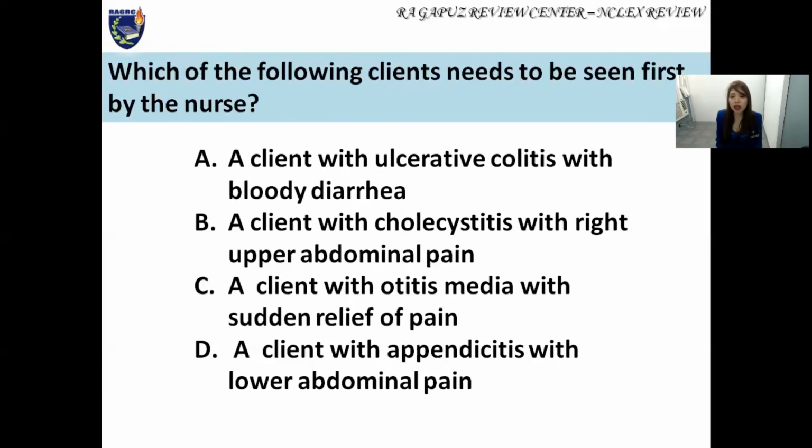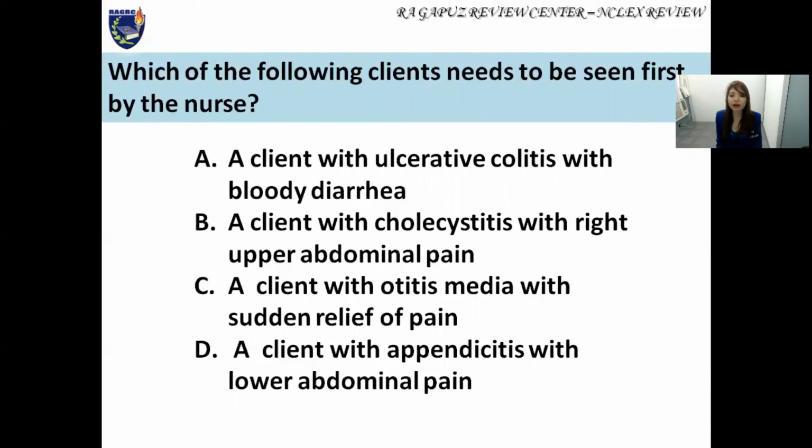Okay, so we have to apply that. Which of the following clients needs to be seen first by the nurse? Letter A, client with ulcerative colitis with bloody diarrhea. Letter B, client with cholecystitis with right upper abdominal pain. Letter C, a client with otitis media with sudden relief of pain. Or letter D, a client with appendicitis with lower abdominal pain. Okay, let us do the process of elimination.